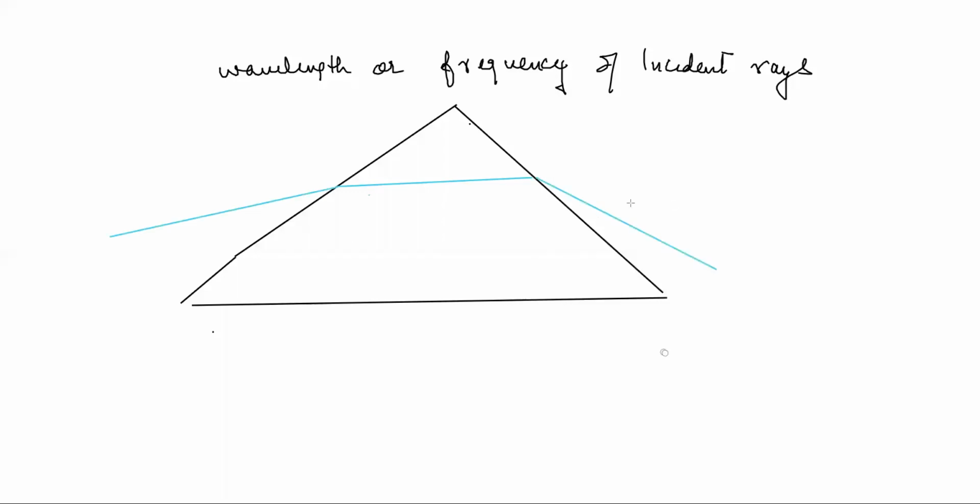Say this is blue color, and take red color. Let me make the angle of incidence the same for red color also. Imagine both lights of different colors have the same angle of incidence. Now what will happen is that the red light does not deviate as much.